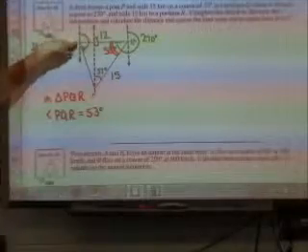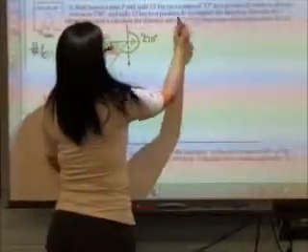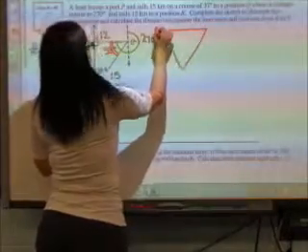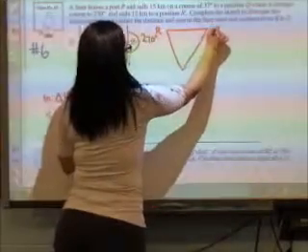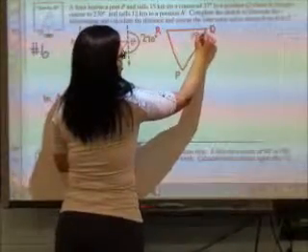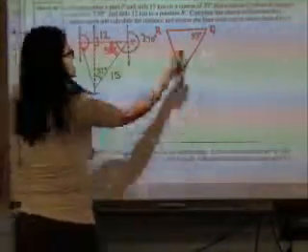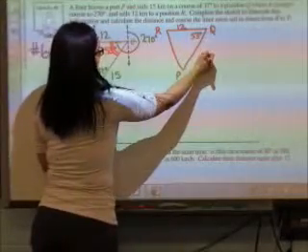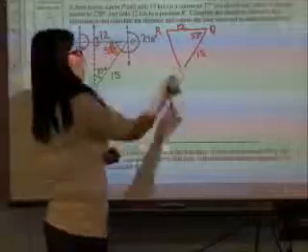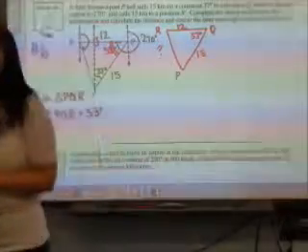I now have in my triangle PQR, I now know that angle Q is 53 degrees, RQ is 12, and PQ is 15. And I want to know what PR is.